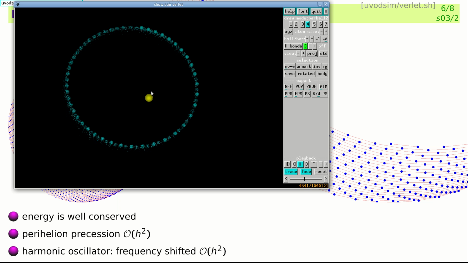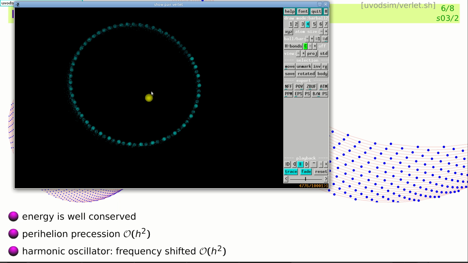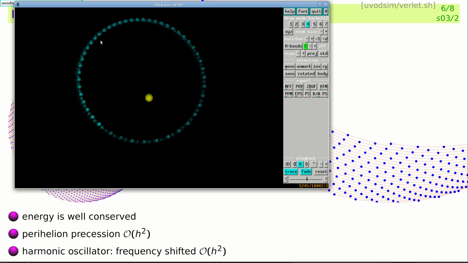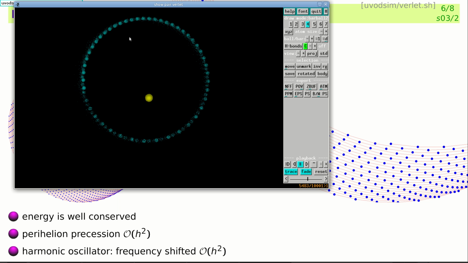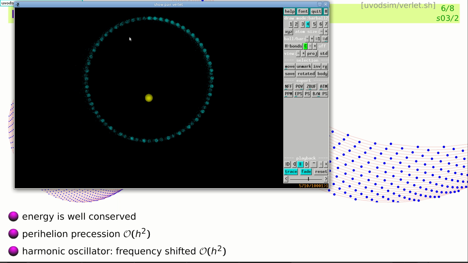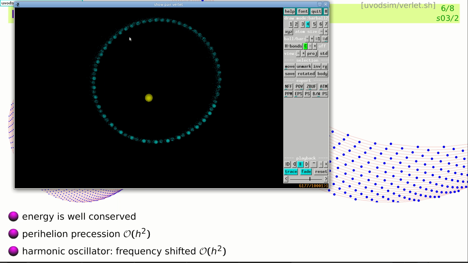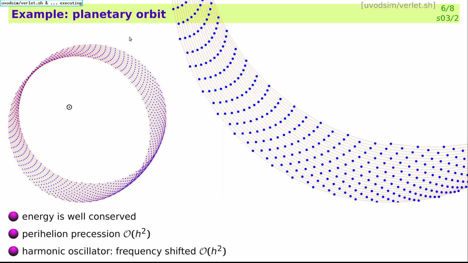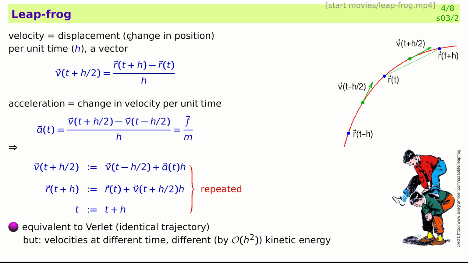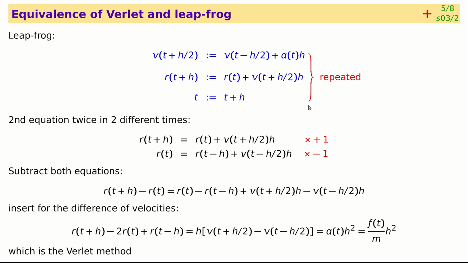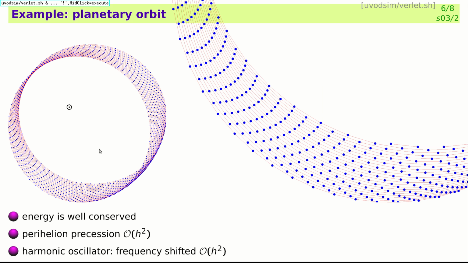If we used a halved time step, the rate of this precession would be one quarter. That is, this error is caused by the discretization of our system. Of course, I have not pretended that our method or the Verlet method is exact. There is an error, and this error causes this precession.